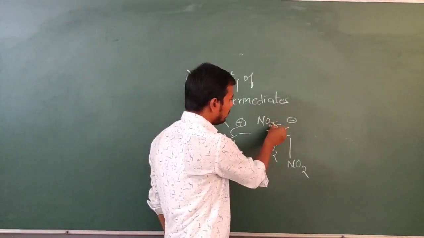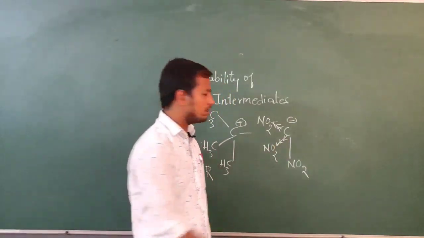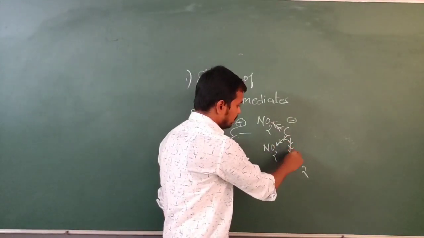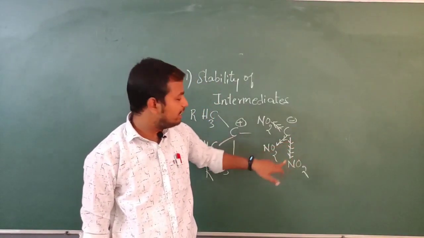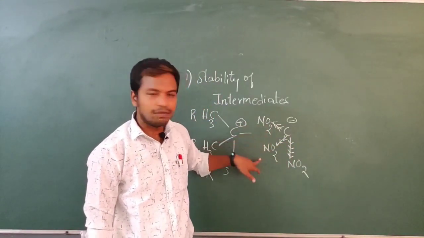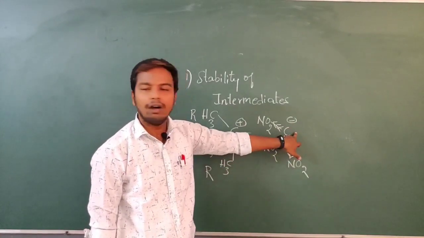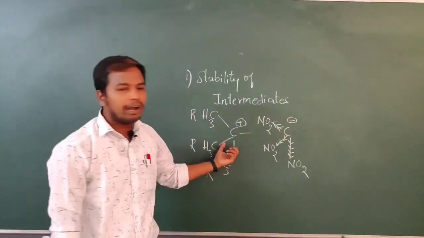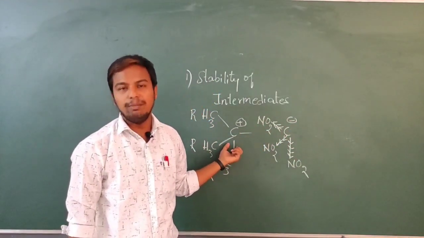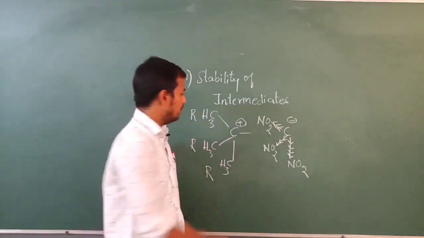Because they are pulling the electrons towards themselves. That is why a carbanion with 3 nitro groups has decreased electron density, making it stable. Carbocation with alkyl groups will be stable, and carbanions with nitro groups are stable.